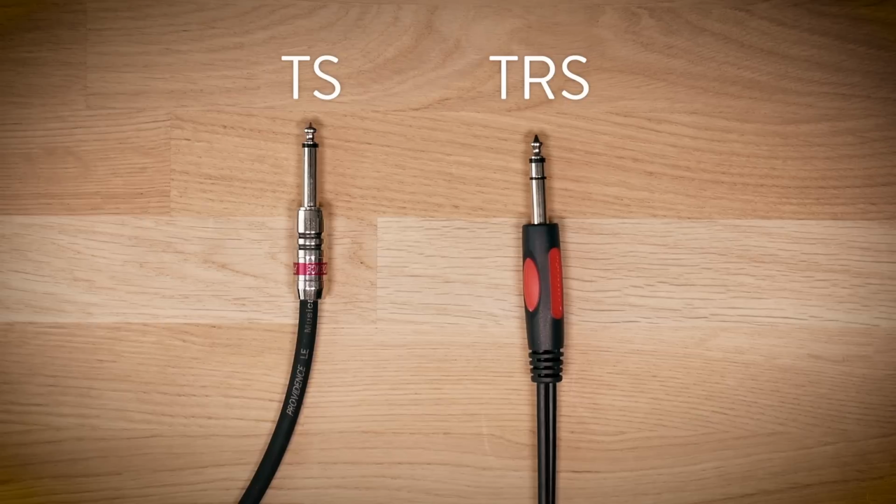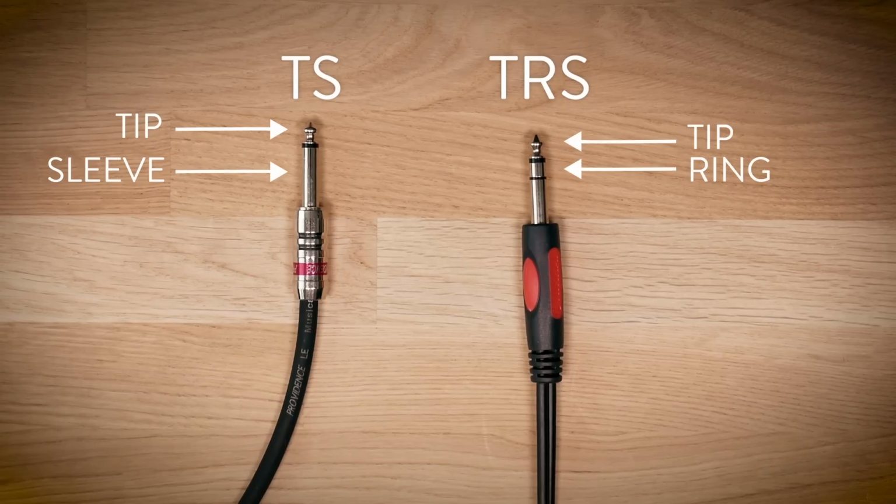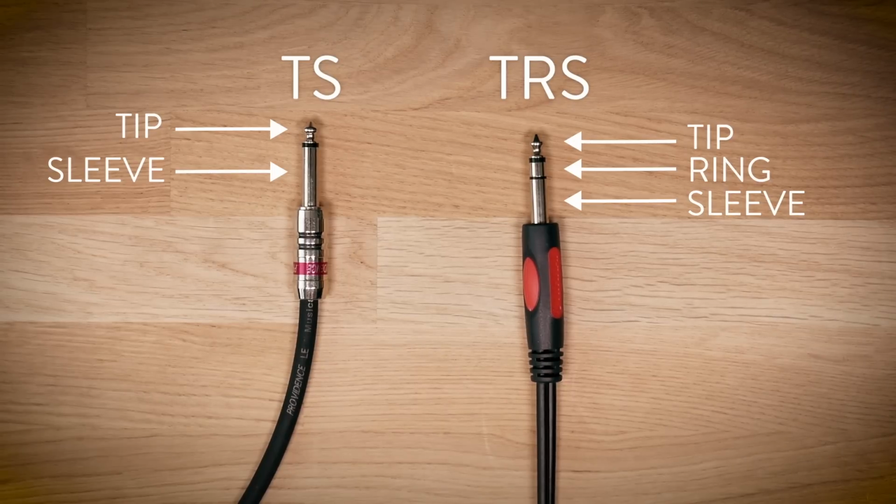The TS cable has two conductive sections known as the tip and the sleeve, TS, meaning it consists of one signal wire and a shield, whereas the TRS cable has three sections, the tip, then a ring, and then the sleeve, meaning it consists of two signal wires and a shield, allowing it to carry both a balanced mono signal and an unbalanced stereo signal, where the tip carries the left signal and the ring carries the right signal.